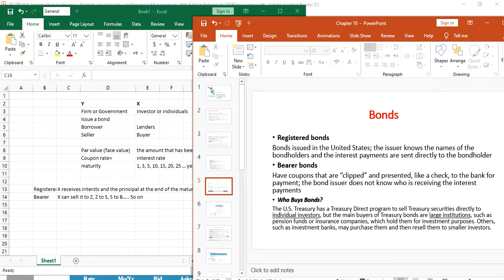Another important question here: who buys bonds? Anyone can buy bonds, but the largest proportion of the bonds goes to individual investors like me, you, any other investor, or the large institutions, pension funds, insurance companies, for example, for investment purposes, and banks also can buy.